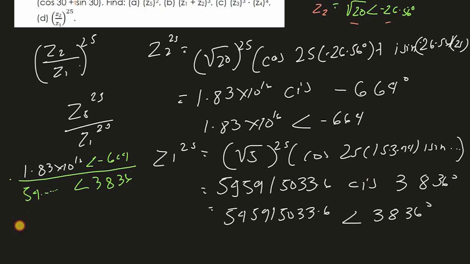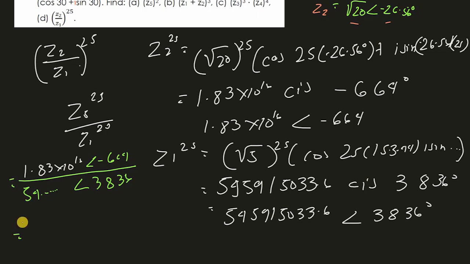3836. So, to solve for this, since we are dividing, i-divide natin itong mga modulus niya. So, that's 1.83 times 10 raised to 16 divided by 545915033.6. Ulitin natin, 545915033.6.